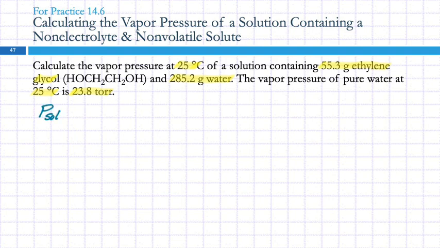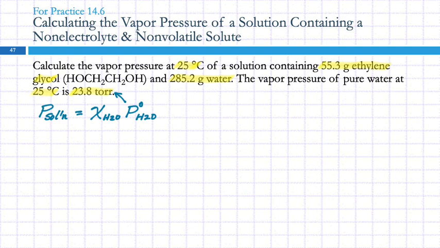The vapor pressure of the solution is going to equal the mole fraction of the solvent, H2O, times the vapor pressure of the pure solvent. Well, they gave us the vapor pressure of pure water. We're trying to find the vapor pressure of the solution. So what we're missing here is the mole fraction of water.